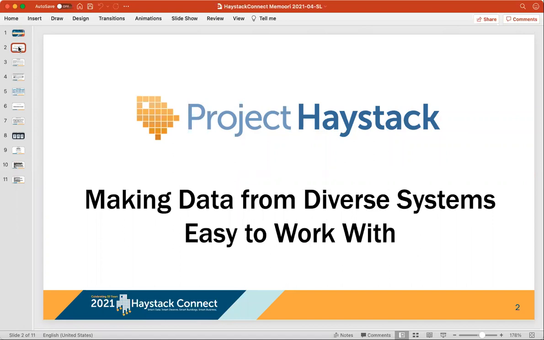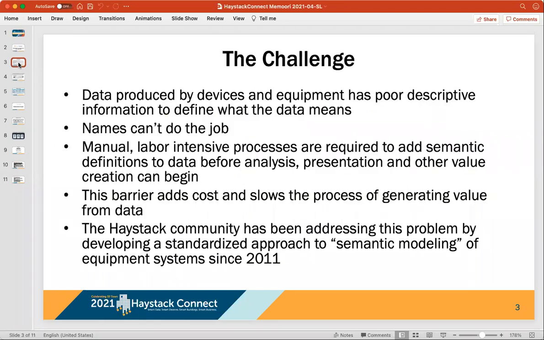And in fact, I think one of the interesting things is that society as a whole is becoming more and more aware of the importance of data, and they're becoming more and more aware of the challenges of working with data. It often is nowhere near as easy as you might assume, just because you have a device that may have an open protocol and can provide data. And the challenge really comes from this.